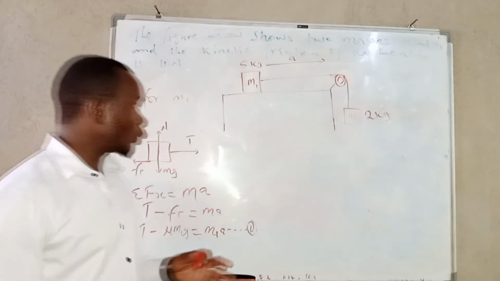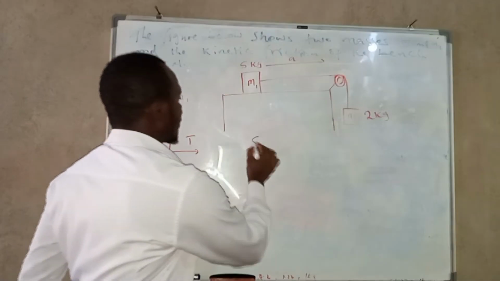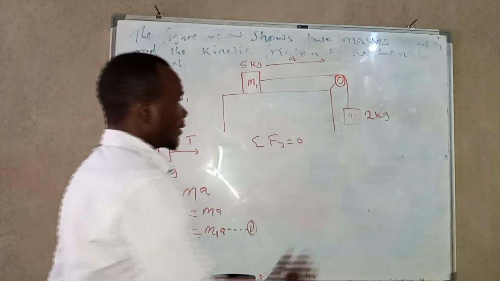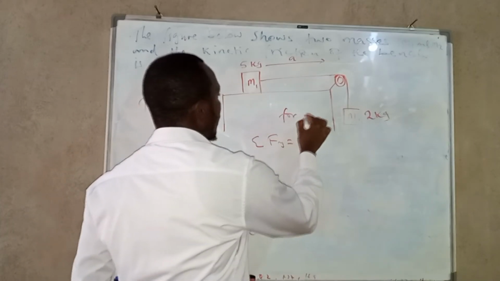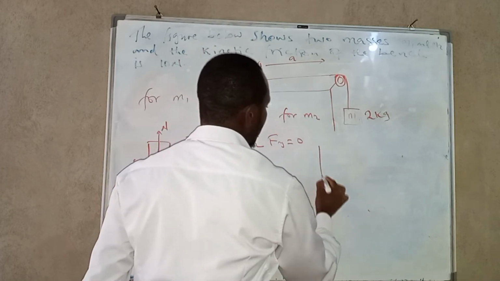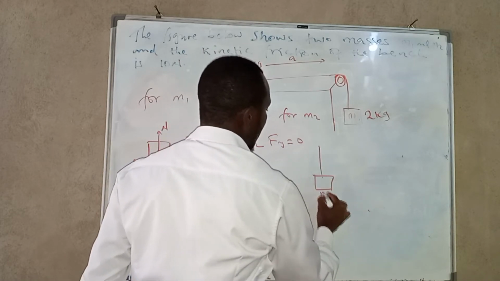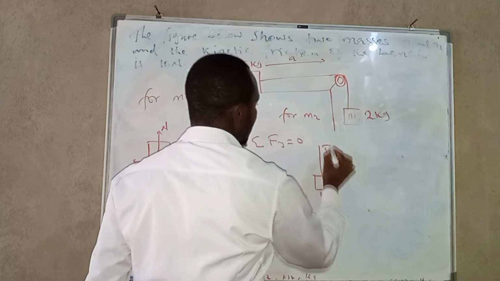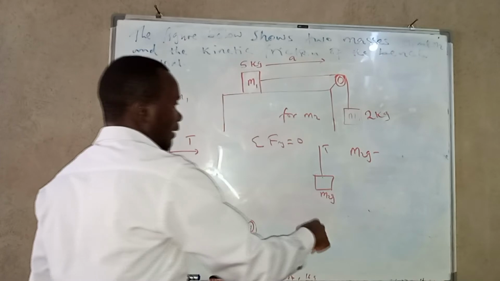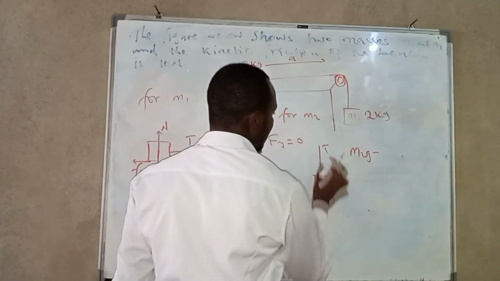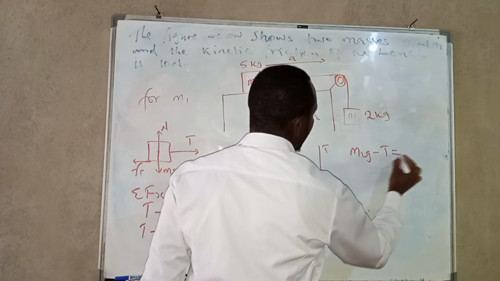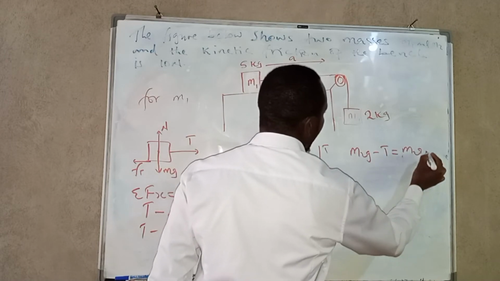For equation number 2, we know that the summation of forces in y must give us 0. That is for m2. We have m2g coming down, and this is tension. So this one will be positive, this will be negative, minus T, which will give us m2a.